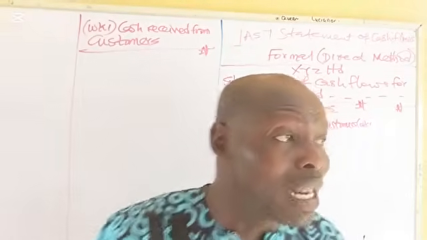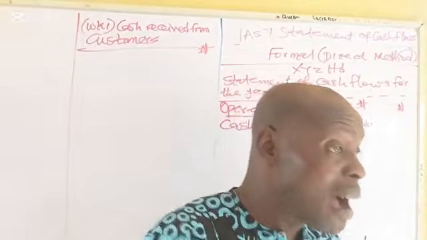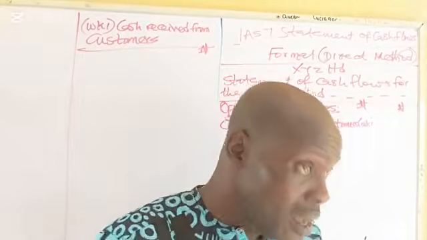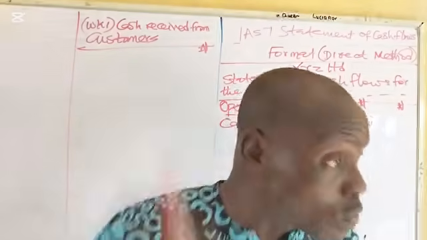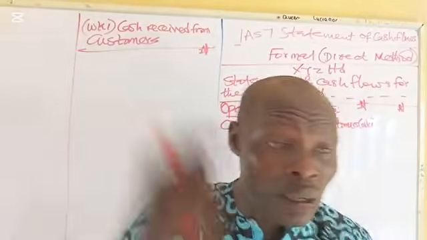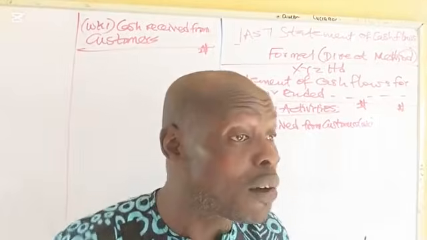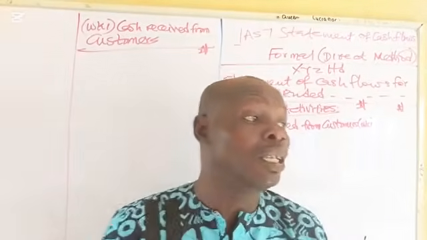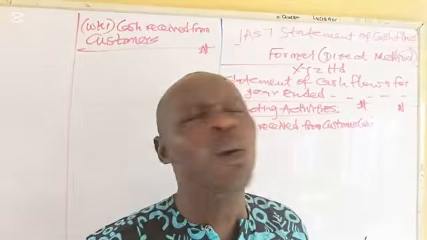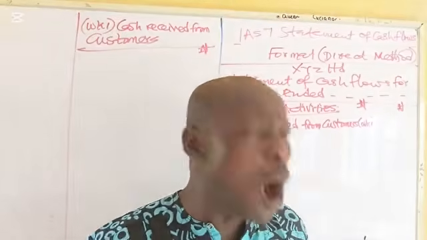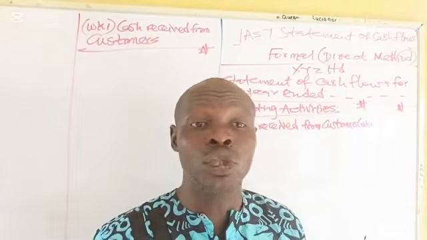Now we are in year 2026. If I want to give you questions, they might give you for 2025 and 2024. If you are given statement of profit or loss for 2025 and 2024, and you are preparing statement of cash flows for 2025, the profit or loss information for 2024 is not relevant. It is just a comparative figure. Don't even look at 2024 at all.